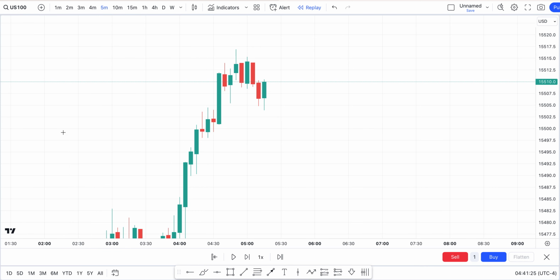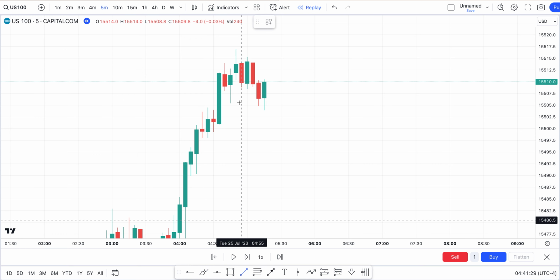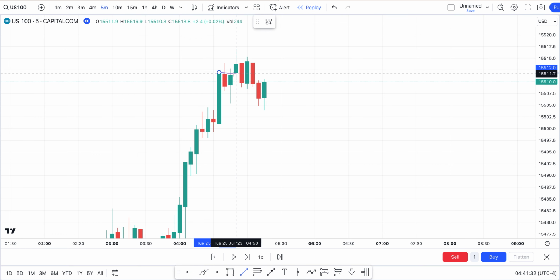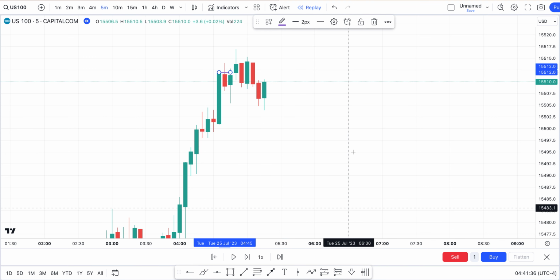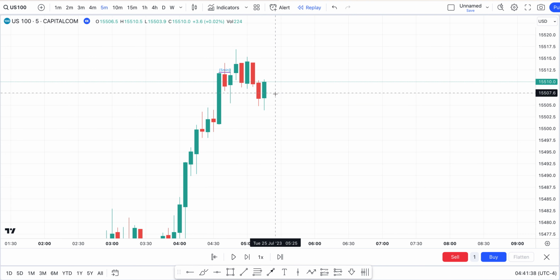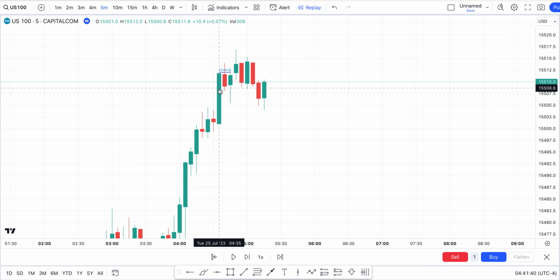Let's check the difference. What does this high come out at? The high is 15,512.8.